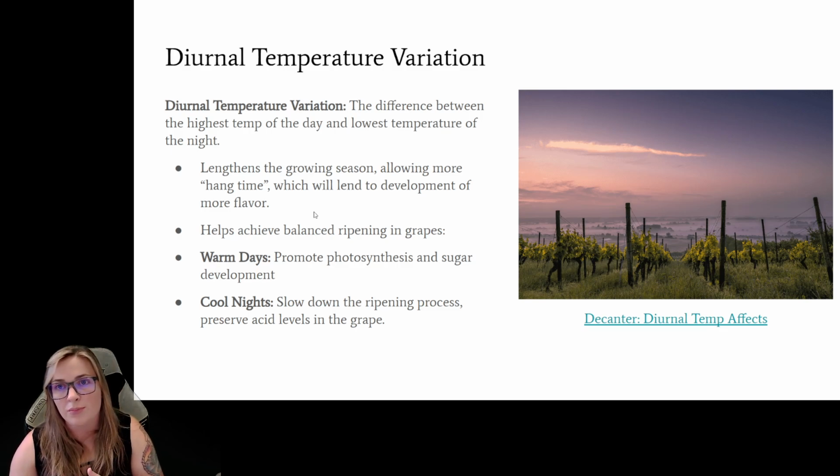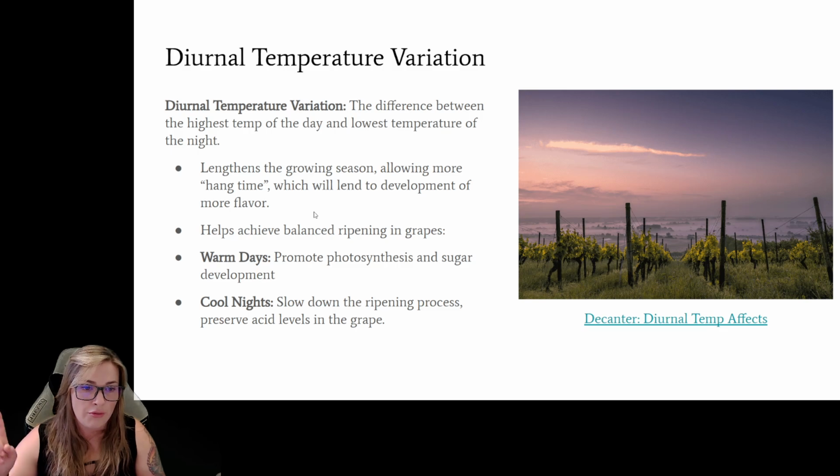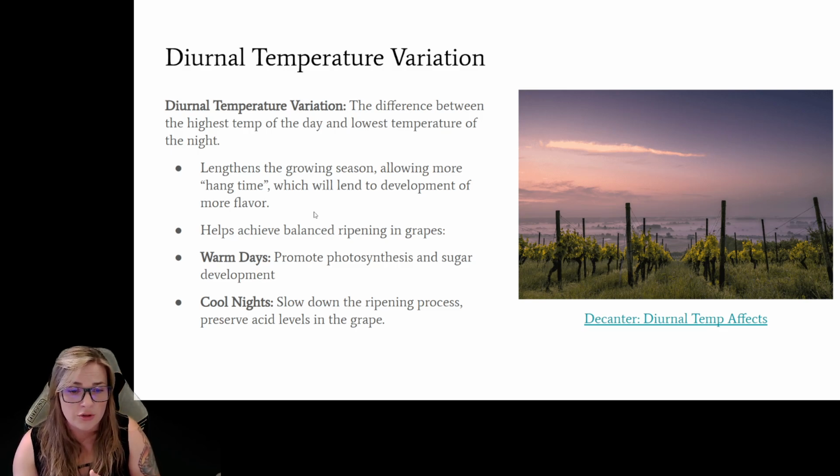So if you are just blasted with too hot of a growing season and it stays hot at night, you'll see sugars just go through the roof and acids will just drop, and then you'll get to a point where you have to harvest your grapes because the sugar content is so high and the acids are gone, but the grape skins didn't actually ever get a chance to ripen physiologically, right?